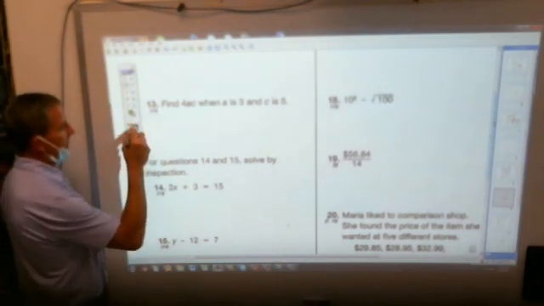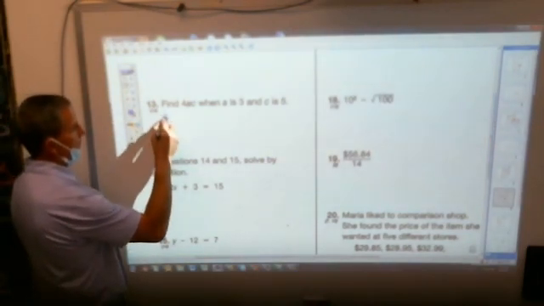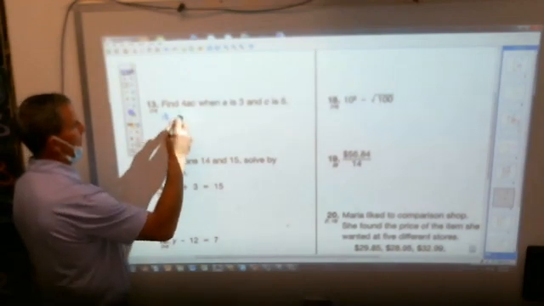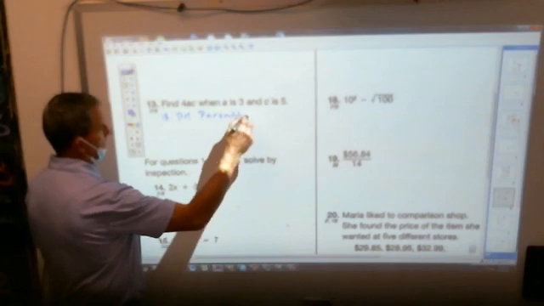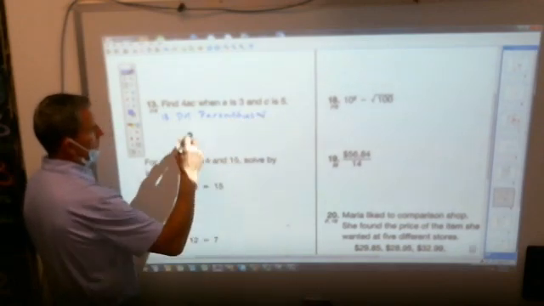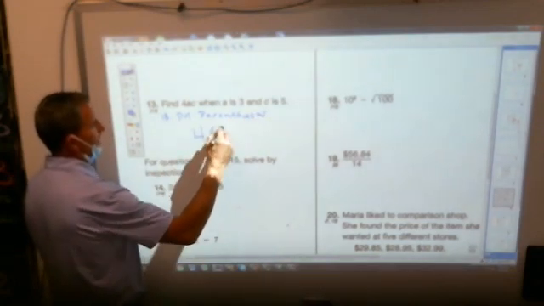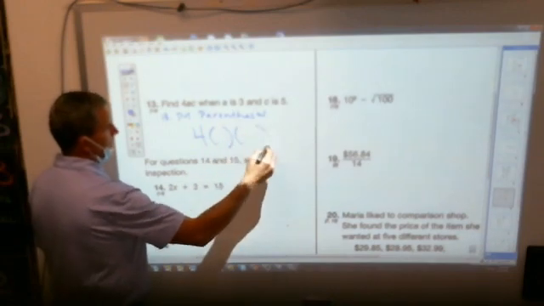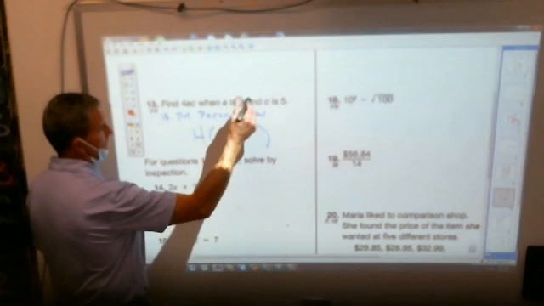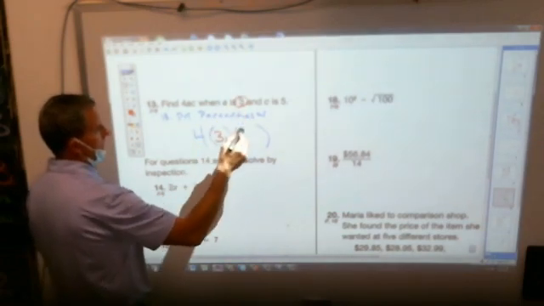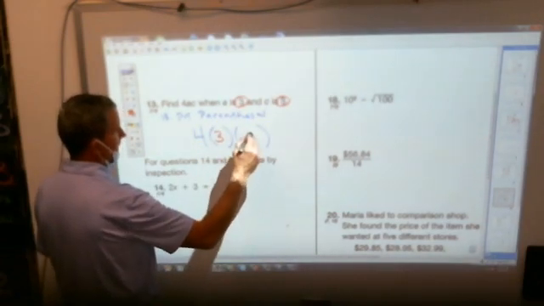Grayson, and again, something else I would write down for notes on number 13 for tomorrow is that I would put parentheses for every letter. In other words, I'm taking 4 times A times C. A is 3, C is 5.